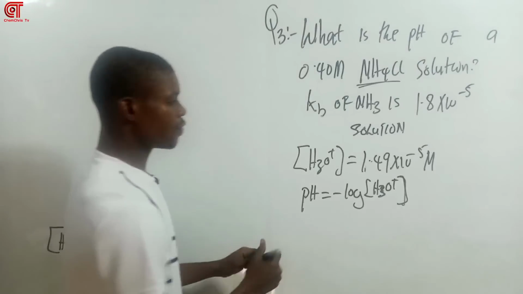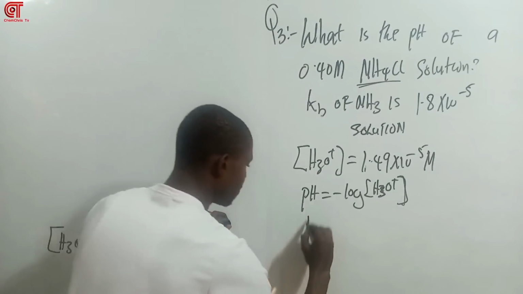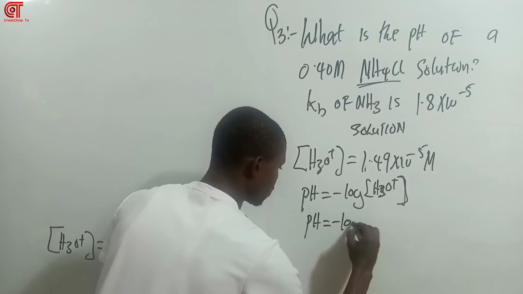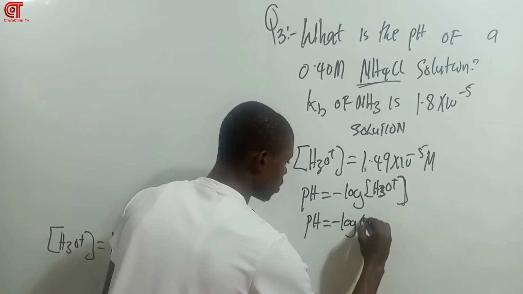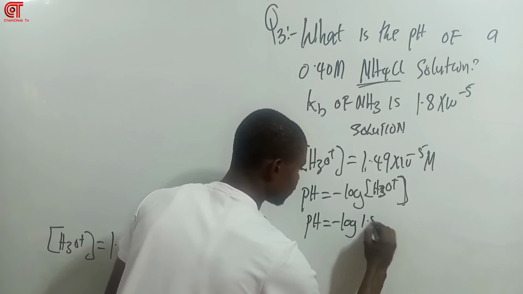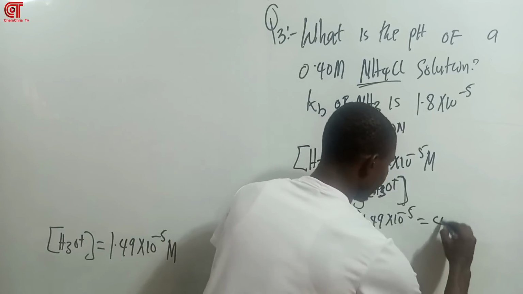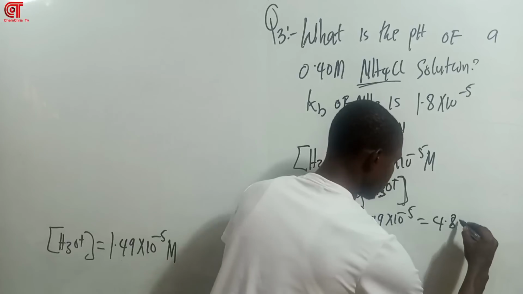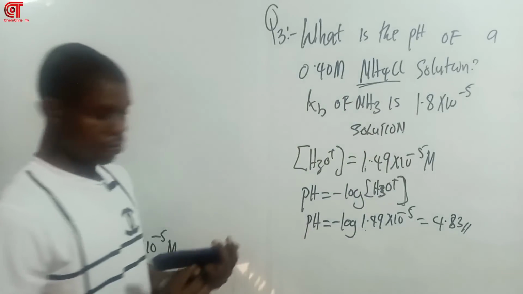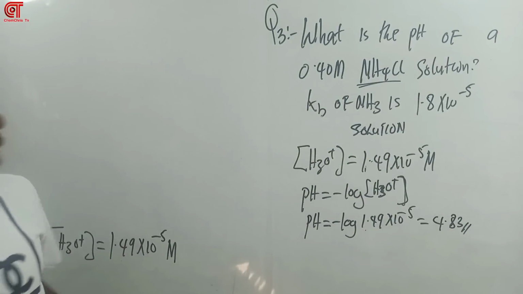Just for you to include the values there: pH equals minus log 1.49 exponential minus 5, which is 4.83. So you can see how easy it is. So let's go on here.